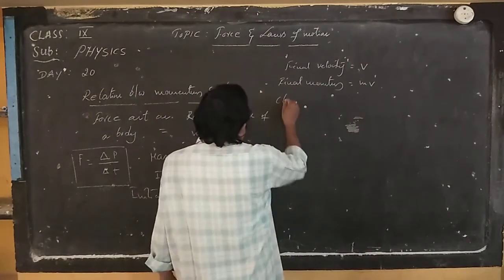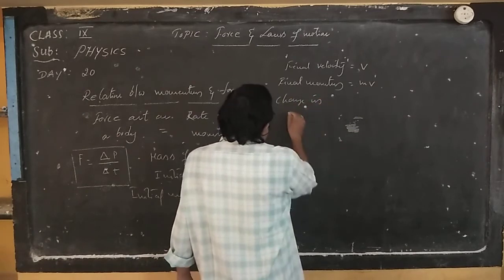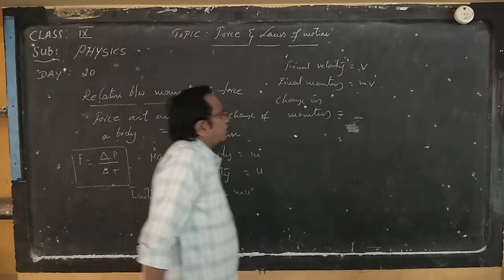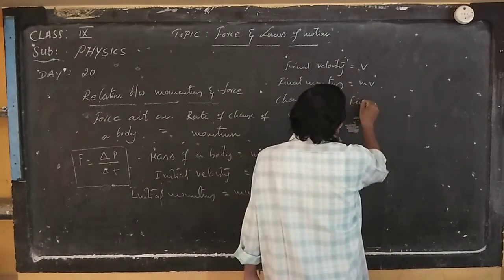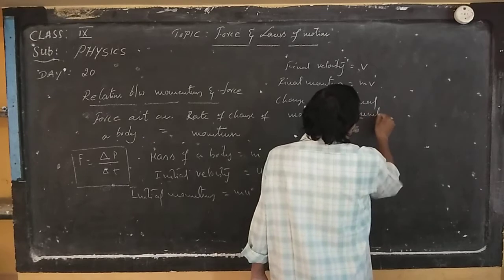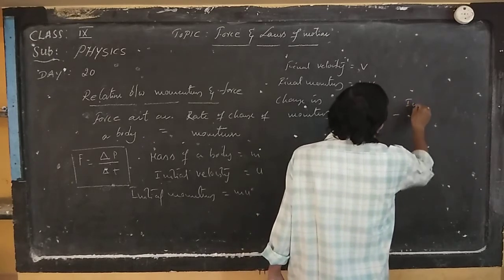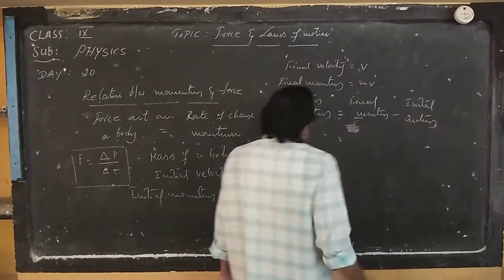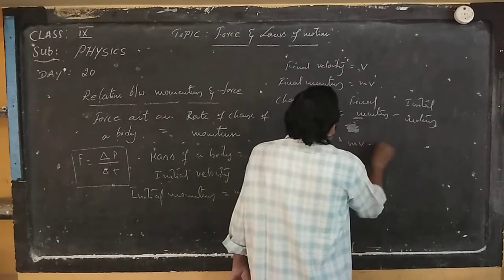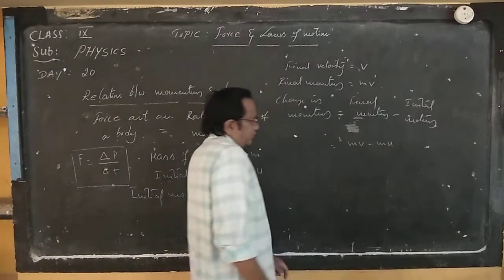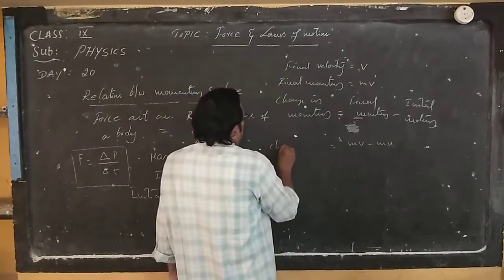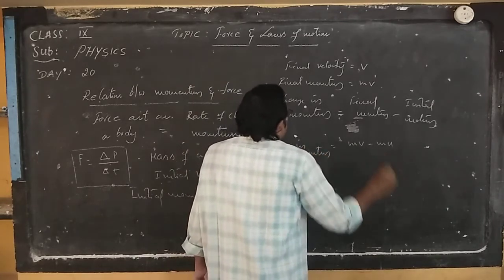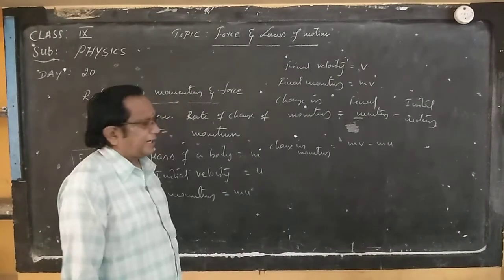Now the change in momentum is equal to final momentum minus initial momentum. That is equal to mv minus mu. What is this? Change in momentum. Change in momentum is equal to mv minus mu.